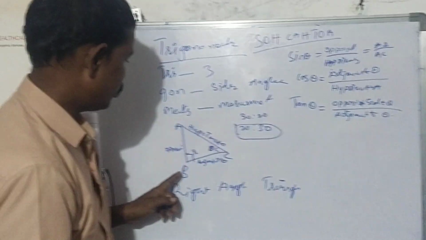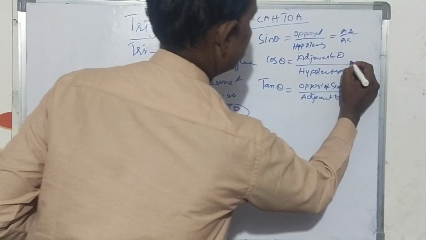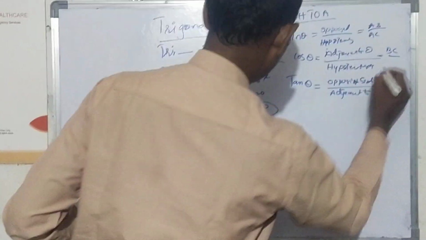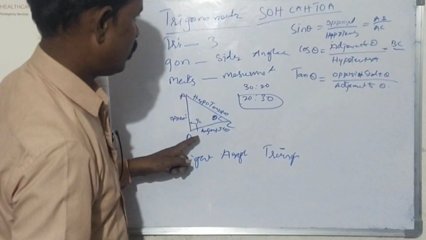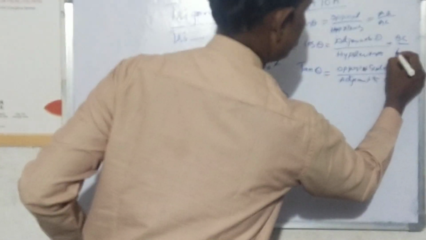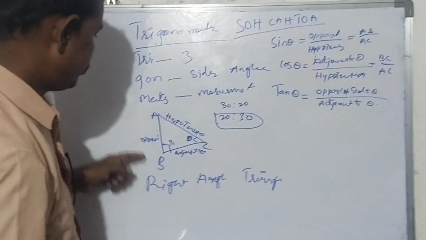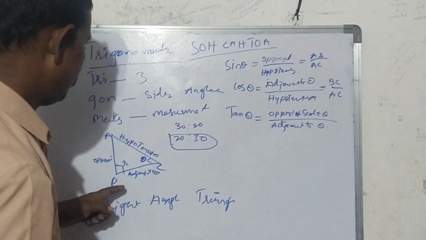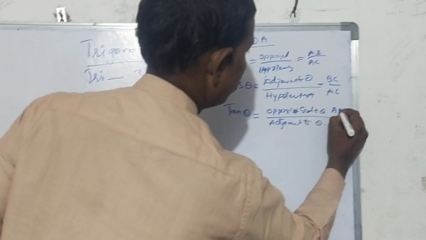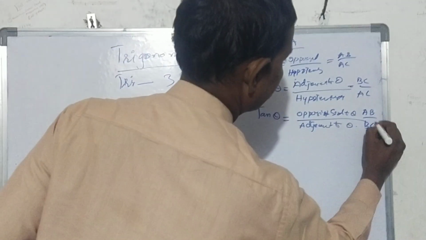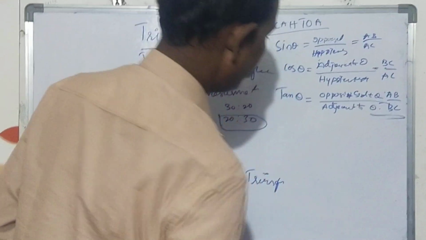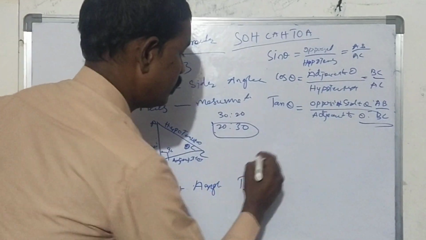Cos theta is adjacent, BC, by hypotenuse AC. Tan theta is opposite side AB by adjacent BC.